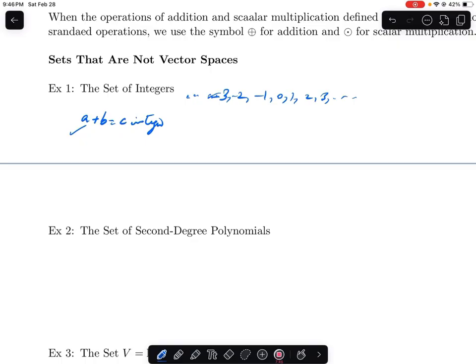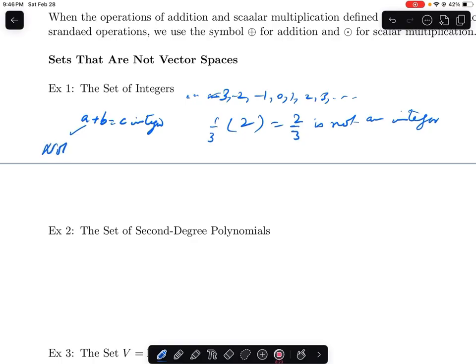For example, I can take the integer 2 and multiply it with the scalar 1 over 3. The answer will be 2 over 3, which is not an integer. So we say the set is not closed under scalar multiplication, so it is not a vector space.